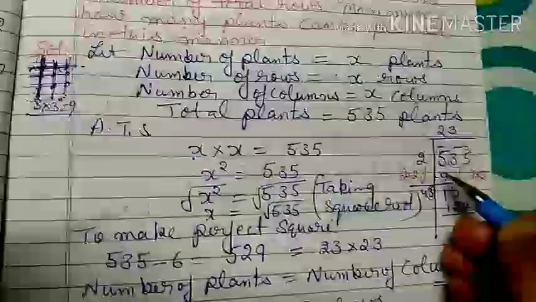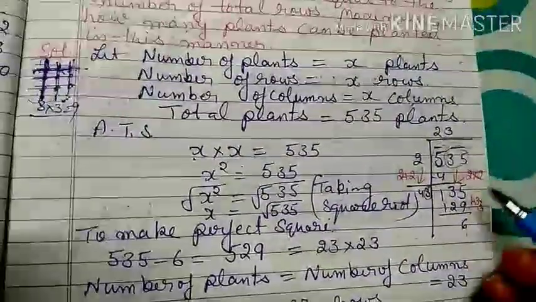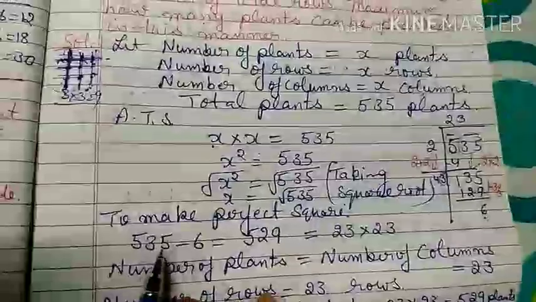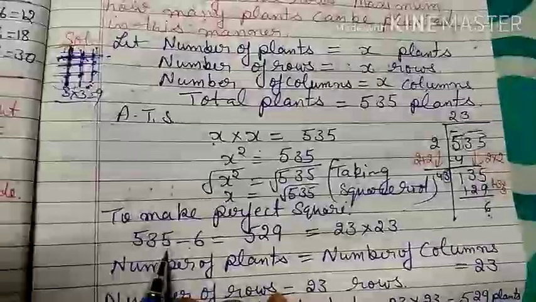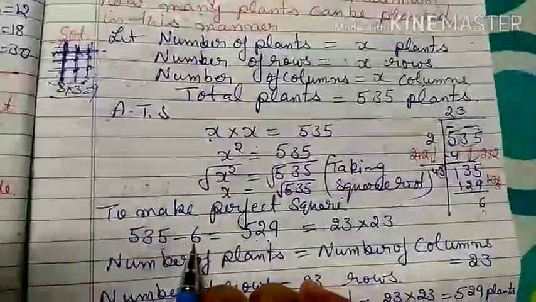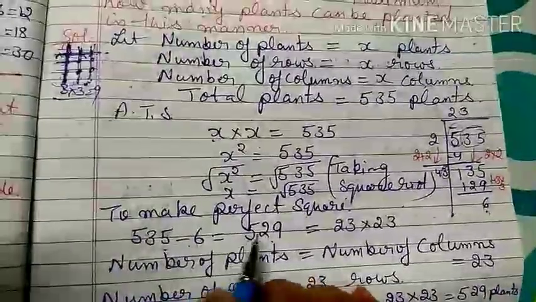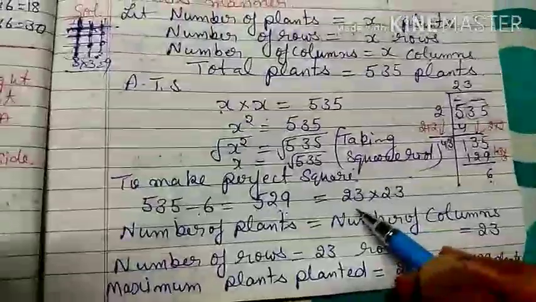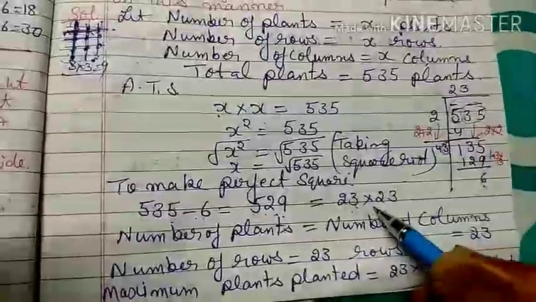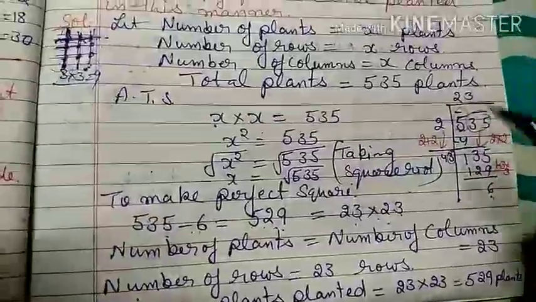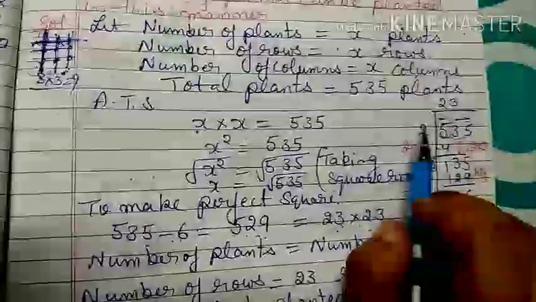When I check with the square root, for 535 my remainder is left as 6. So when I subtract 6 from 535, I get 529. If you check, that is a perfect square of 23 into 23. That is a pair of 23, because we already found the square root.